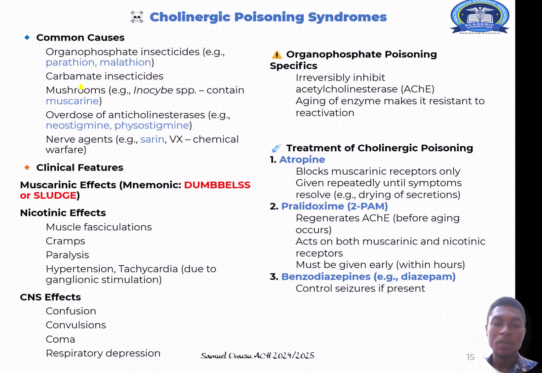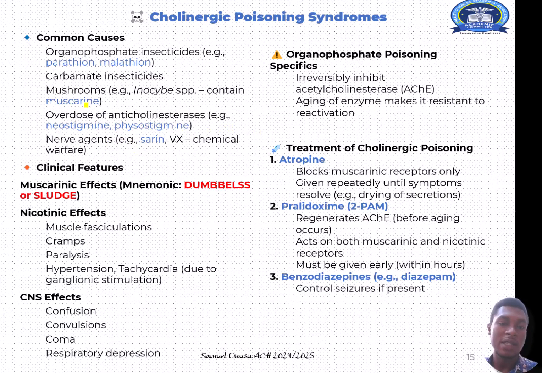And so we want to reverse the toxicity of muscarine, and so you give atropine to reverse that. Overdose of anticholinesterases like neostigmine and physostigmine, you give atropine.